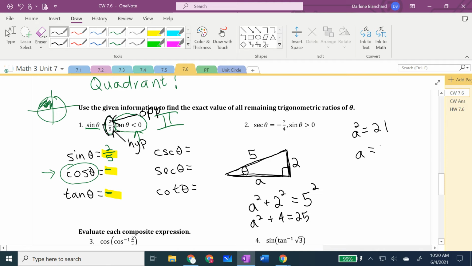And since we're just going to deal with positive numbers, we don't worry about whether it's the plus or the minus, it's just the plus. The square root of 21 is not able to be simplified. 21 is 7 times 3, so there aren't any perfect square factors that I can pull out of that. So what I'm going to do now is I'm going to erase my work down here for Pythagorean theorem.